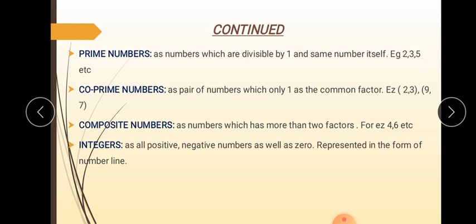So such numbers are called as prime numbers. One very important point: the smallest prime number is 2. So question comes as fill in the blanks. Which is the smallest prime number? Or dash is the smallest prime number. So we have to write there as 2.